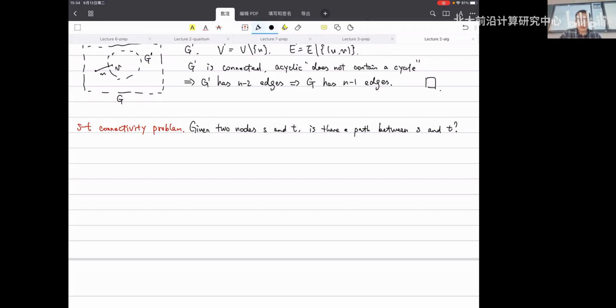Okay, so we finished the discussion of the tree and the characterization of trees, and now we are moving to some more advanced problems. So this is the definition of the ST connectivity problem, which studies whether there exists a path between them. Maybe we want to make a better characterization of this, and of course you can imagine that there can be a problem called the ST shortest path problem.